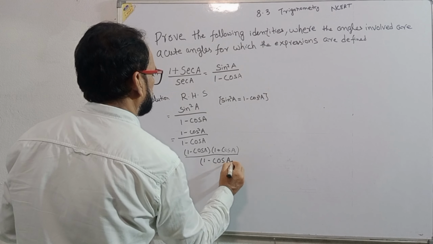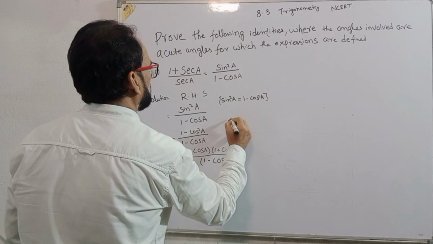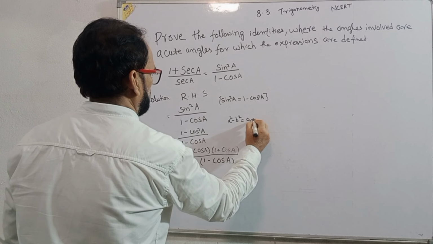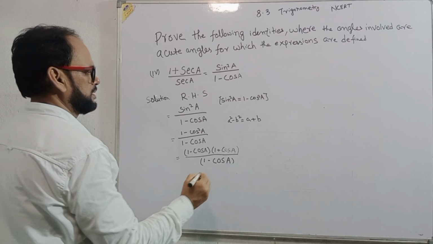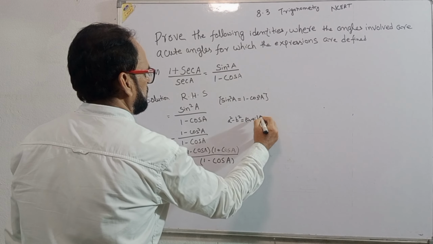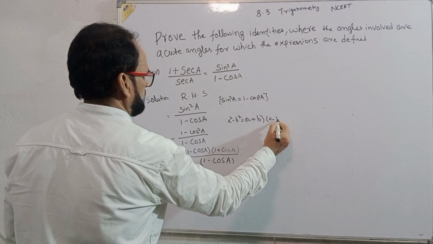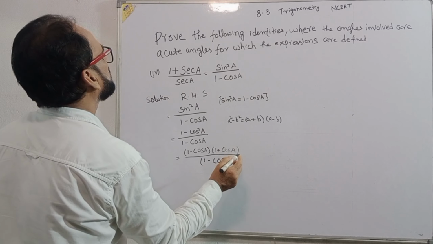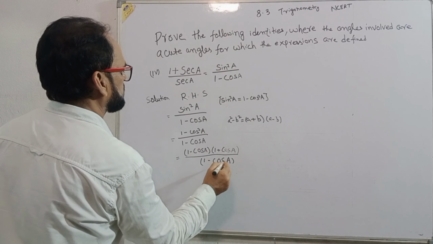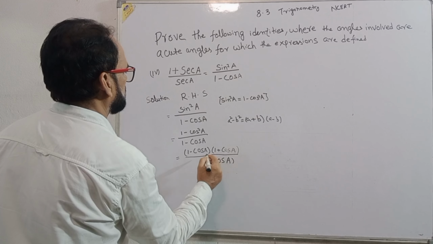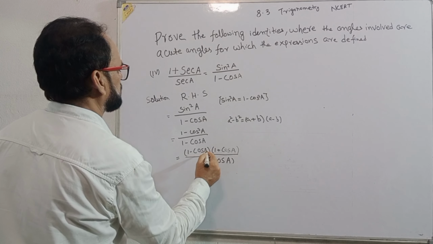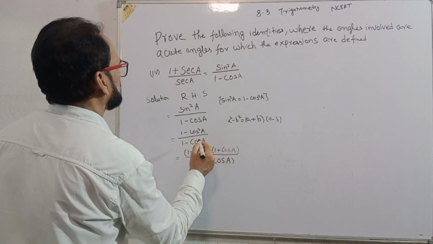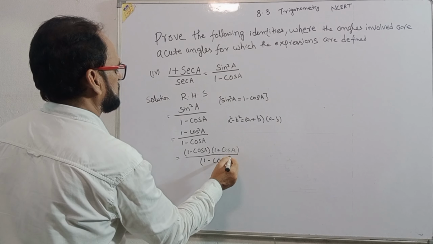Use this formula: A square minus B square equals A plus B into A minus B. Now here 1 minus cos A cutting, this one.